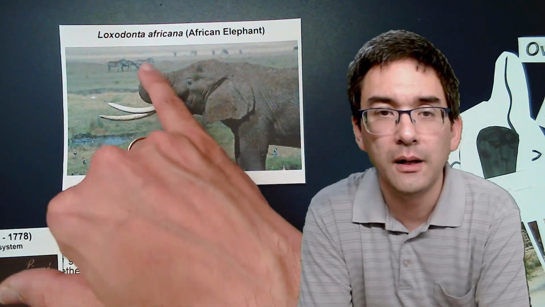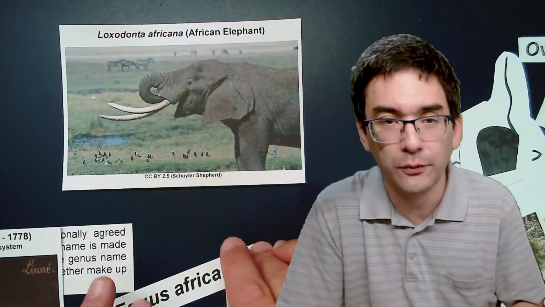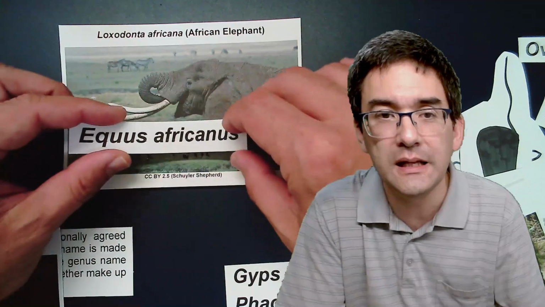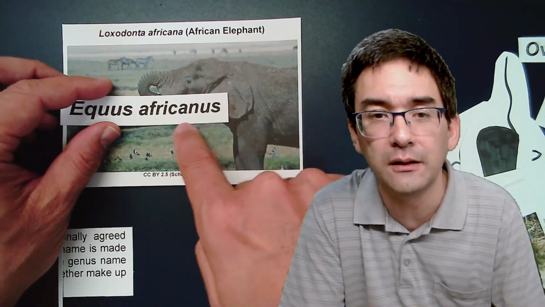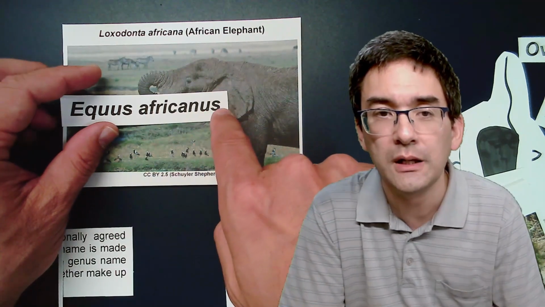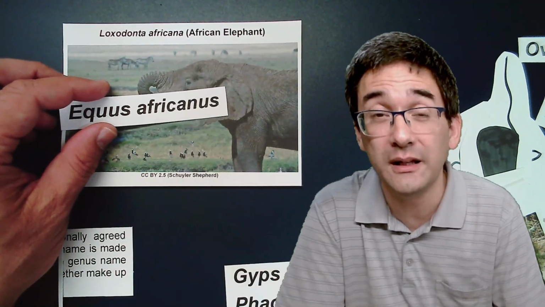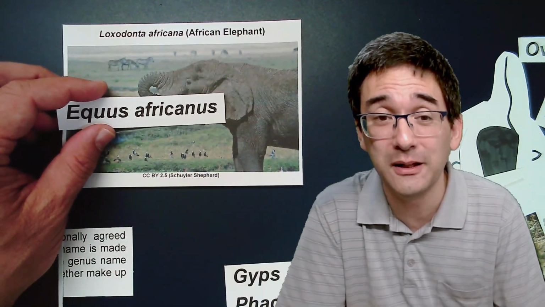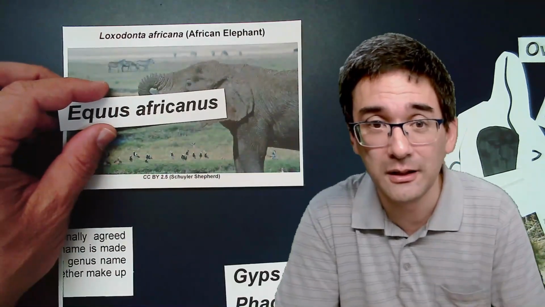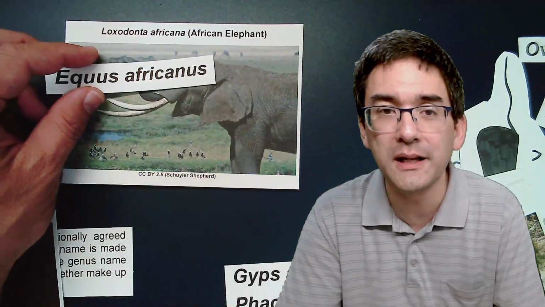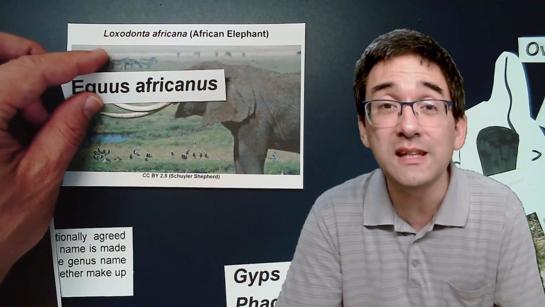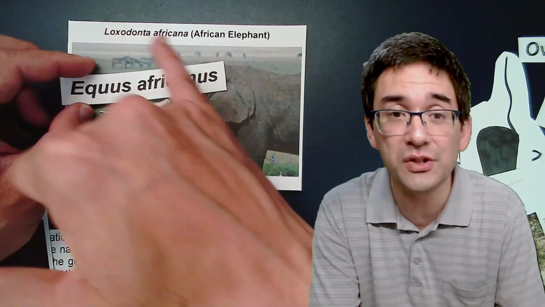I just want to say, be a little bit careful when you write scientific names. Loxodonta africana is the African elephant, and here it's called Africanus. Spelling does matter, so you have to be careful that you get everything correct. Sometimes the words might appear similar, but it's easy to make a mistake because those words are complicated.